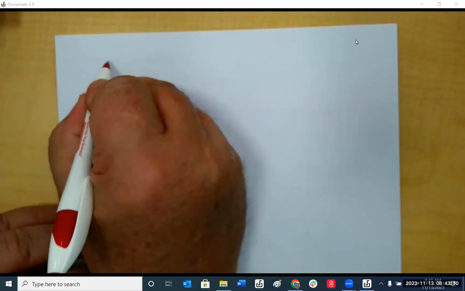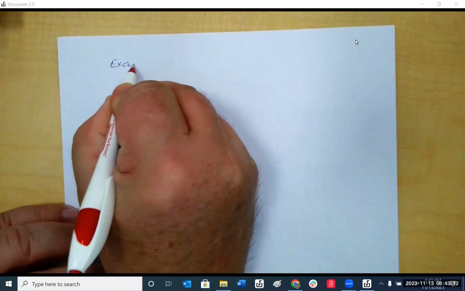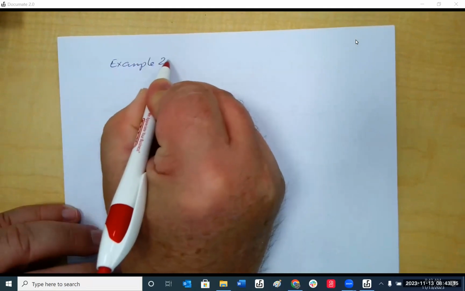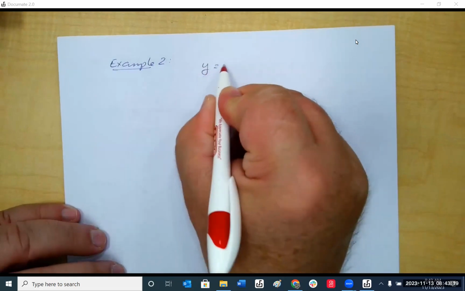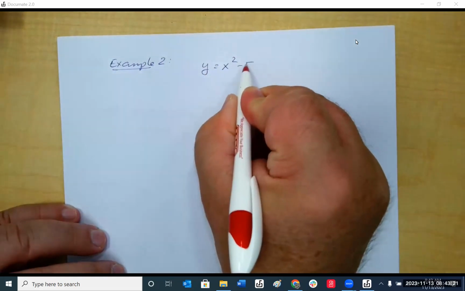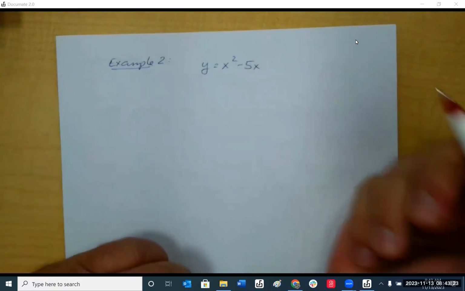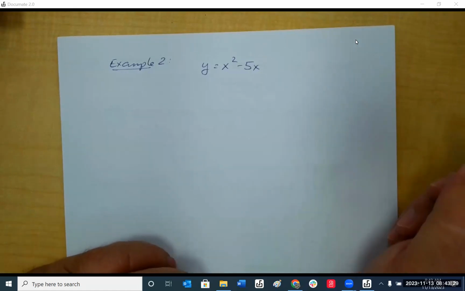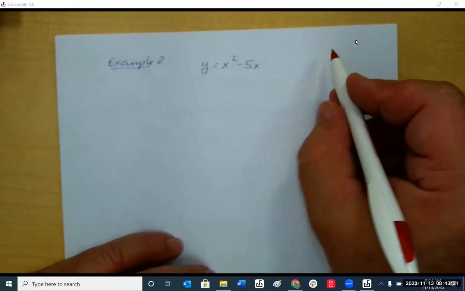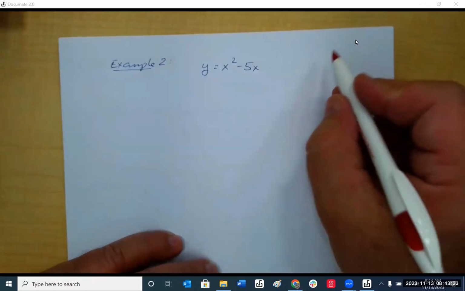Now, how do we find inverse functions? Example 2. First off, what's this graph going to look like?